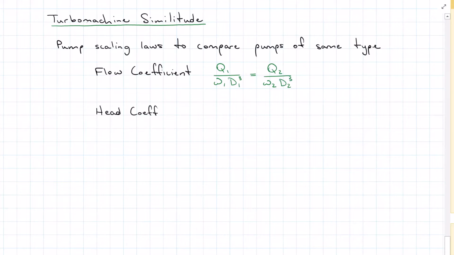We also have head coefficient. So that'll be the head of pump 1 over the impeller speed squared and the impeller diameter squared, set equal to the other one. And our last similitude coefficient is power.